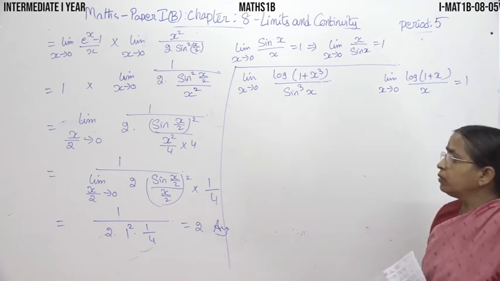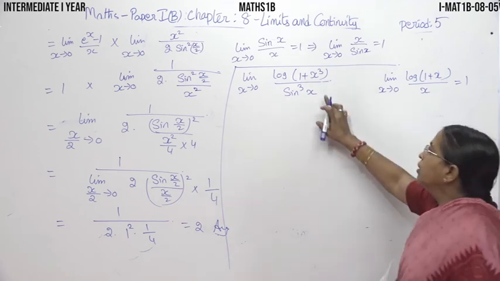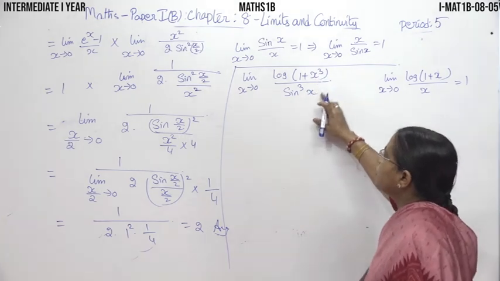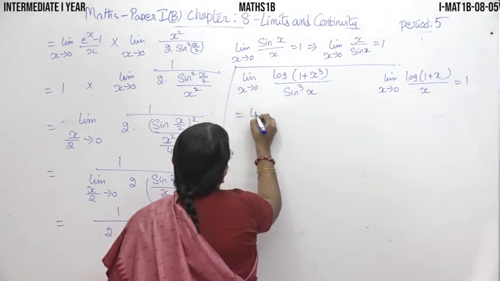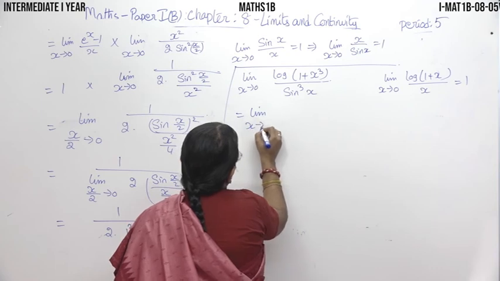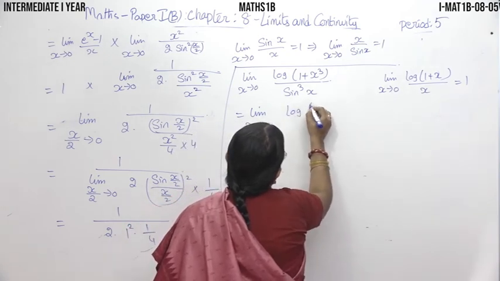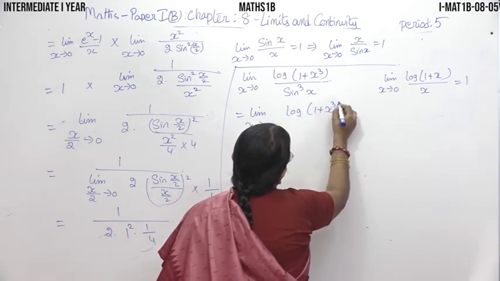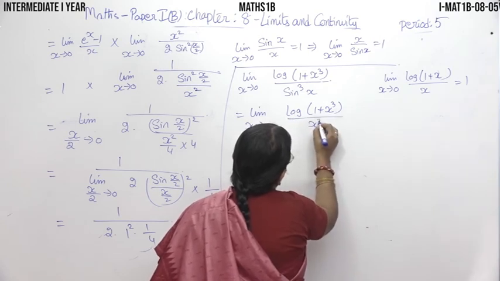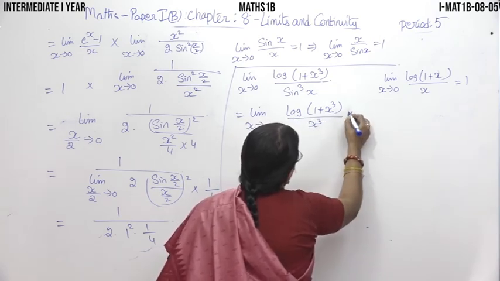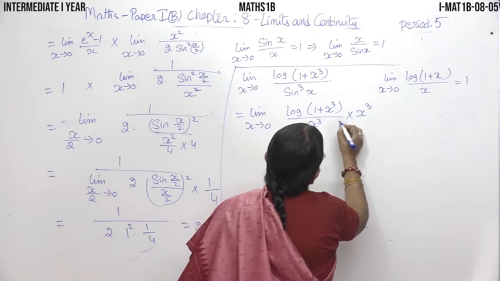So after this problem, we'll take down the homework. So instead of x, we have x cube. So we'll write limit x tending to 0 of log of 1 plus x cube. We'll divide by x cube and then multiply by x cube and then sine cube x.